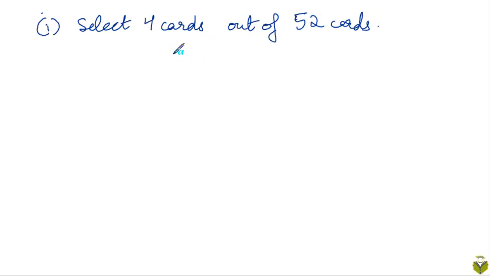This is basically a simple combination problem. You have 52 objects and you find the number of combinations of 52 objects taken 4 at a time. This is the answer, and now it's just a matter of applying the formula.